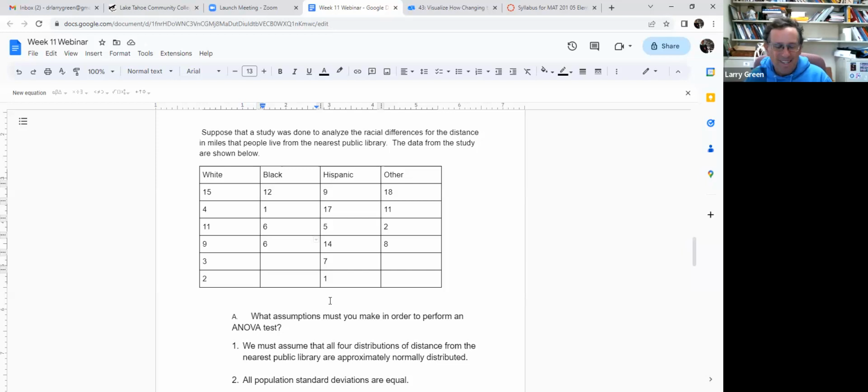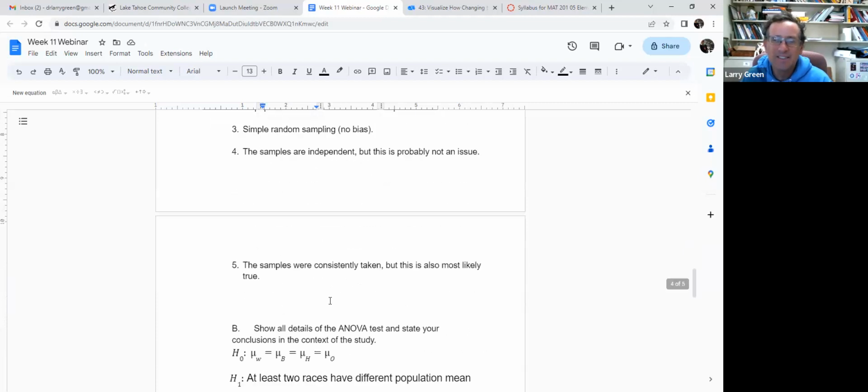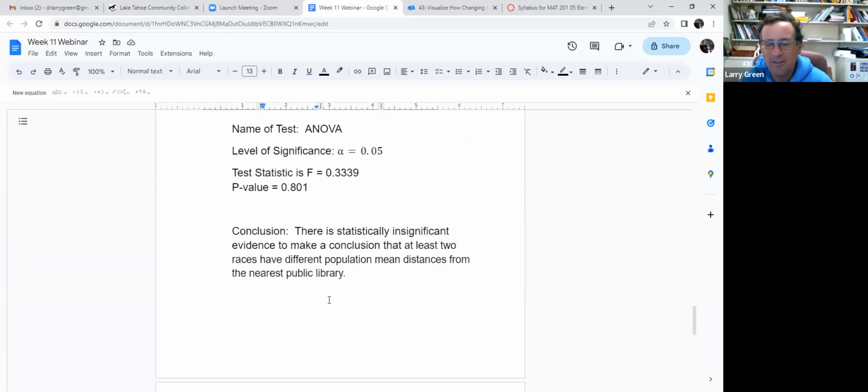Okay, so there's a really good chance that the reason why we had a high p-value was just too small a sample size. And that happens. What if we had done a big sample size and let's suppose instead we got a p-value of 0.001? Then how would that change the conclusion?